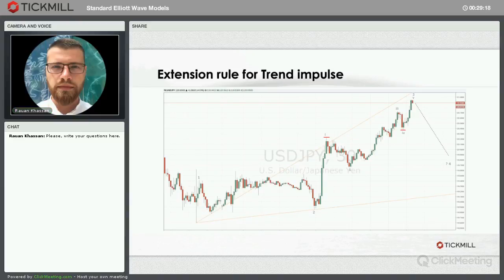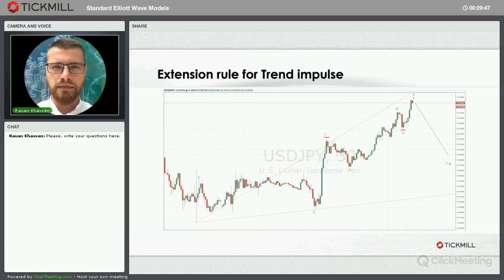If that is true, we see a live example of extended wave number 3, which consists of 5 parts. And until the model is finished, we need to see if wave number 4 develops correctly.